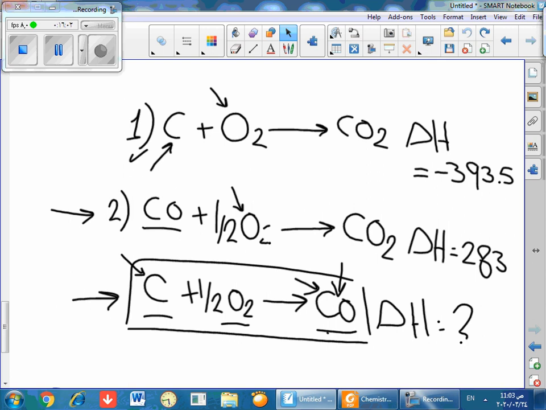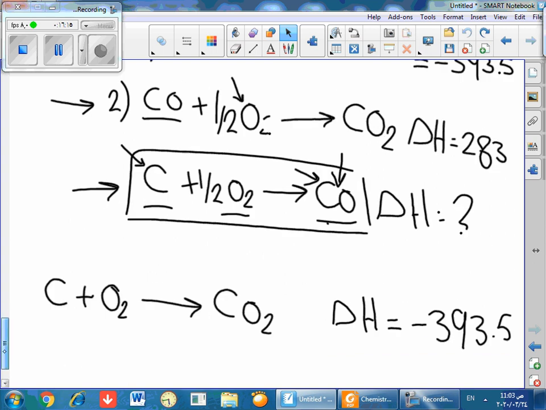Okay, we have two solutions to this problem. We can subtract chemical equation number 2 from chemical equation number 1, or we can change the direction of the chemical reaction.